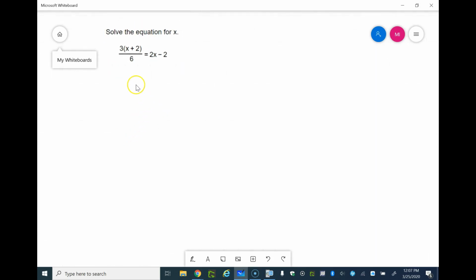So for this one here, we're going to take this problem and do the same thing. As far as asking ourselves, what are we going to move first? So let me try to rewrite this one.